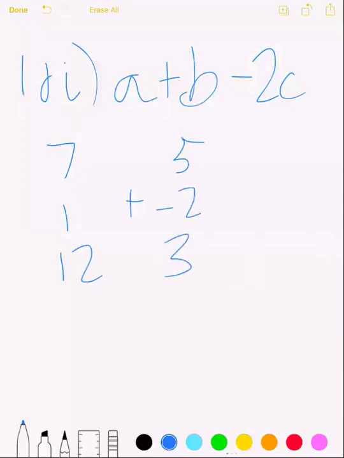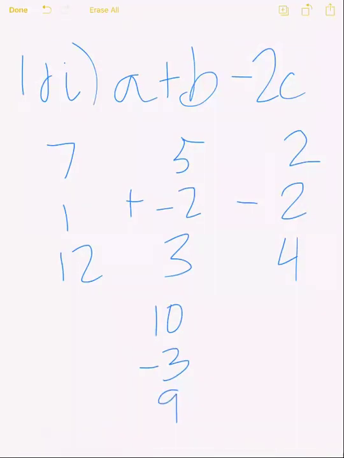And then we're going to subtract 2 times C. So that would be minus 2, 2, 4. So 7 plus 5 is 12, minus 2 is 10. 1 minus 2 would be negative 3. And then 12 plus 3 is 15, minus 4 is 9.